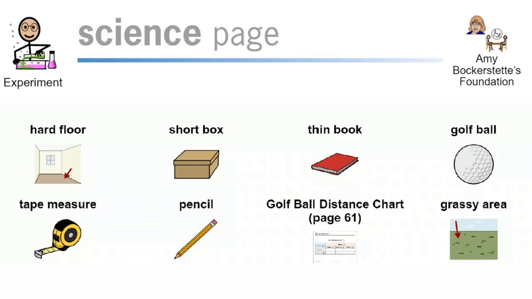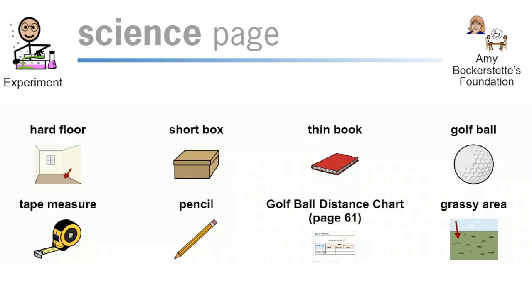I went ahead and used a piece of car track for my ramp that I built. Now, this is instead of using a short box and a thin book. And I performed this experiment in 3 different areas.